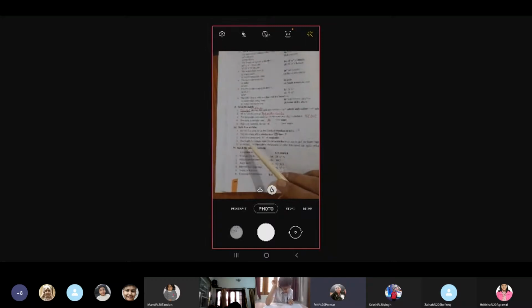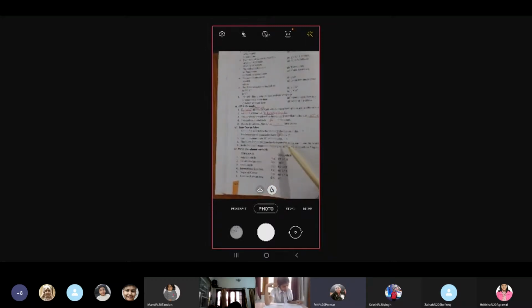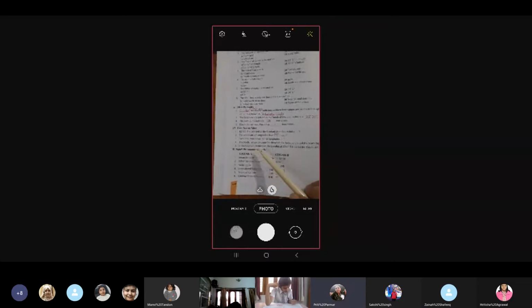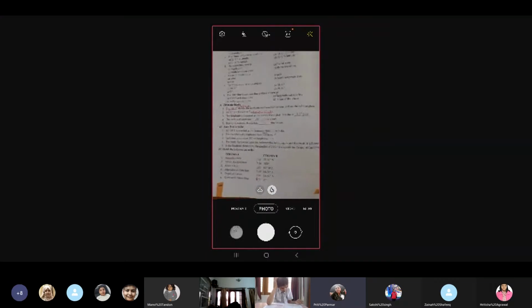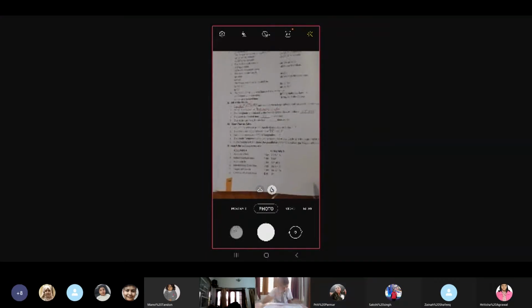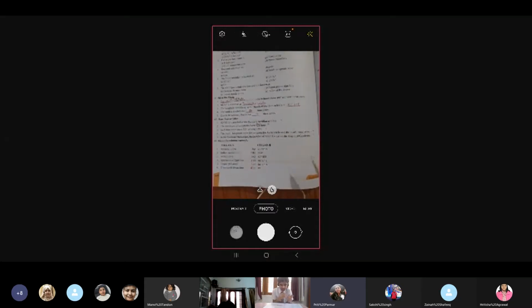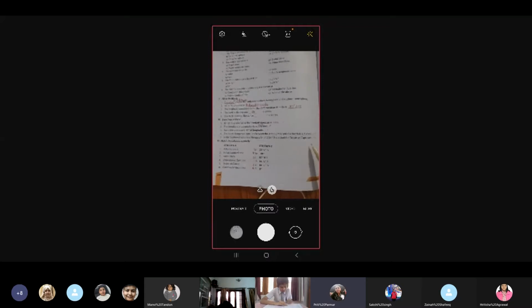Number 3, each time zone covers 15 degrees of longitude. True. Number 4, the North Temperate Zone lies between the Arctic Circle and the North Frigid Zone. True. Number 5, in the Southern Hemisphere, the parallel of 23.5 degrees south is called the Tropic of Capricorn. True.